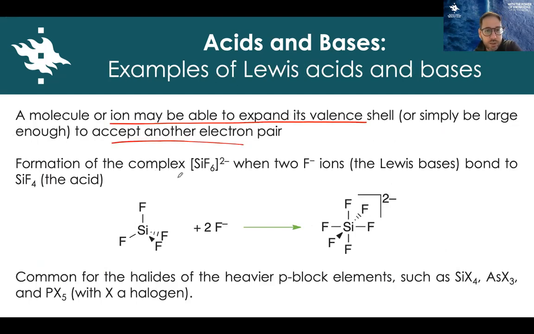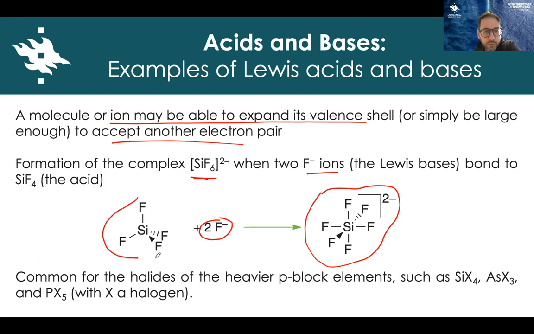And one example of this is the formation of this complex, in which silicon is coordinated to 6 fluoride ions, and here fluoride ions act as the Lewis bases, in which, starting from the species containing 4 fluoride ions, this additional fluoride can also bind to the silicon atom to generate the species with 6 atoms with an expanded valence shell.